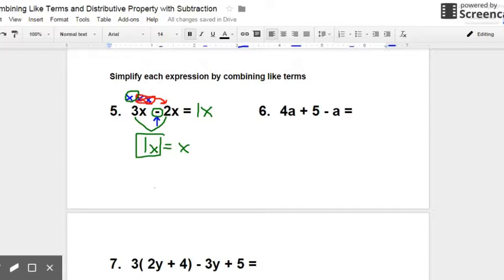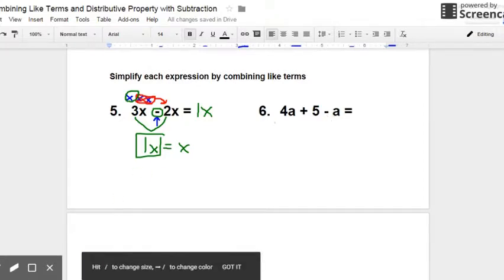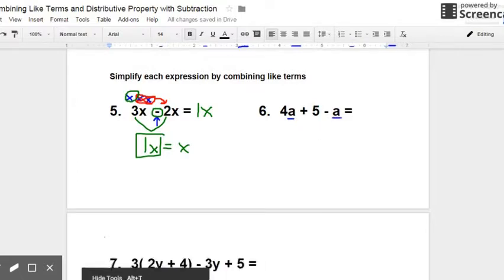You have to look at the sign that's in front of the like terms. If we look over here, this is 4a plus 5 minus a. First, let's identify the like terms. Here's a like term and here's a like term. Now we have to identify whether we're adding or subtracting.